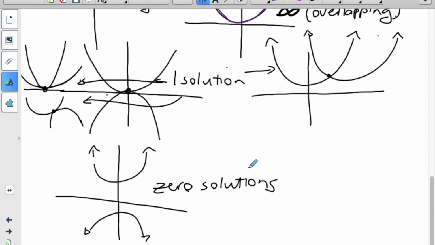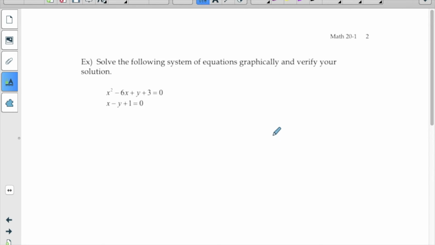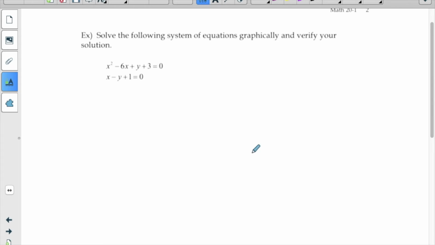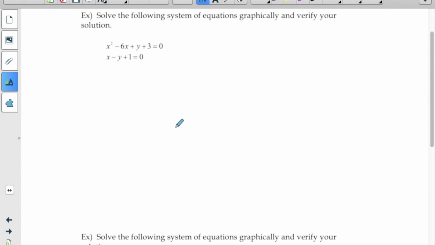Okay, so what we're going to look at over the next couple of weeks are different strategies to solve these systems of equations. And today, all we're going to look at is how to solve them graphically.